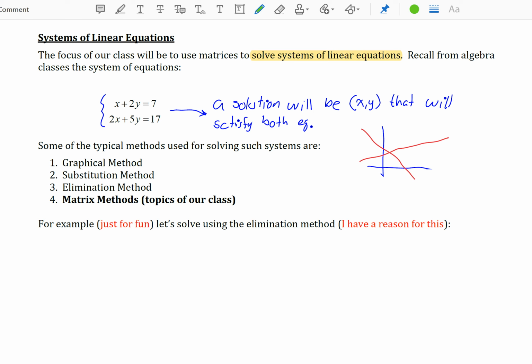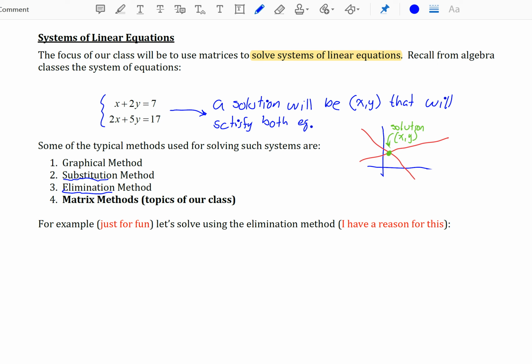Where these 2 equations or lines intersect, this will be the solution. x comma y. We will not be using a graphical approach when solving these systems. Algebraic approaches that you should recall were the substitution method and the elimination method.